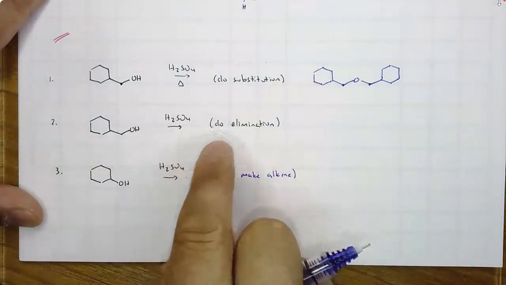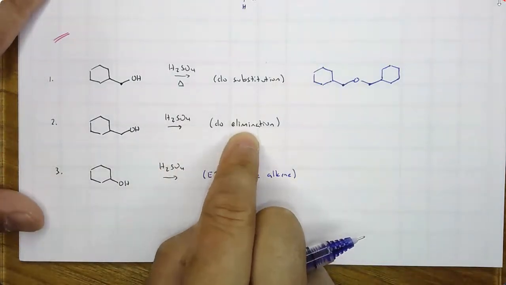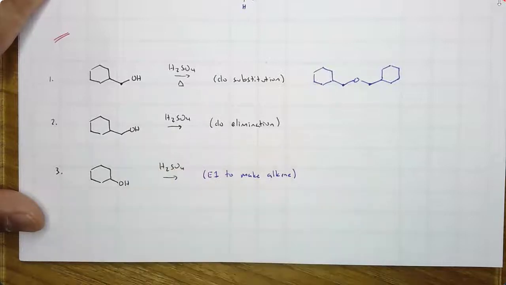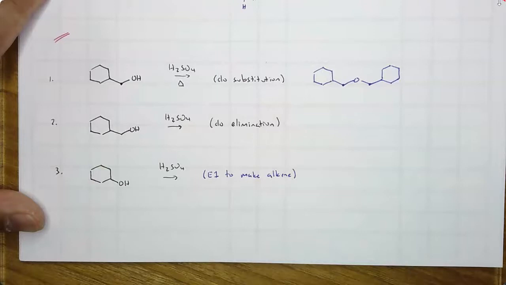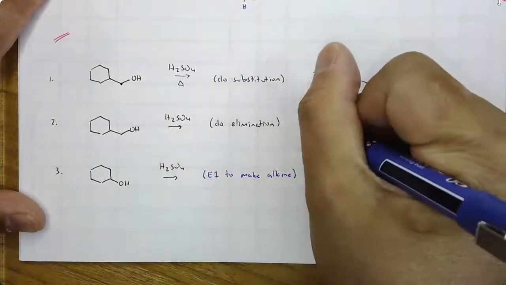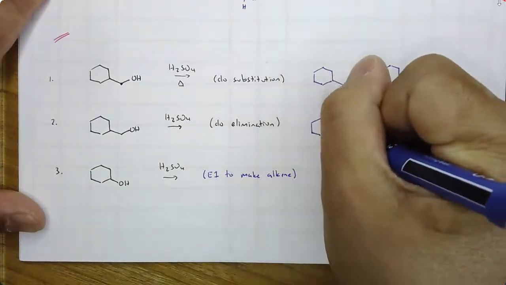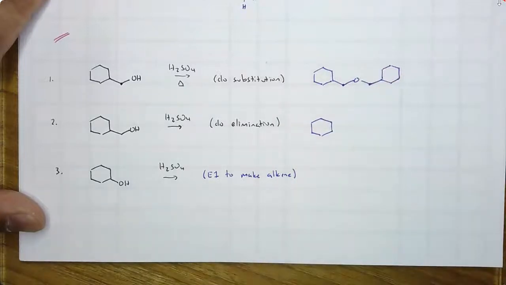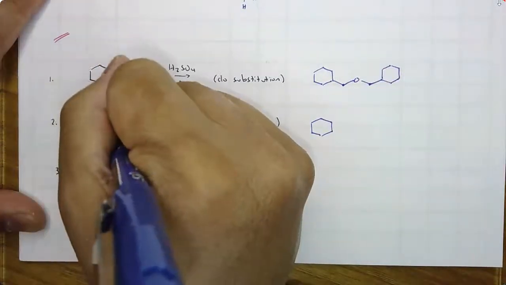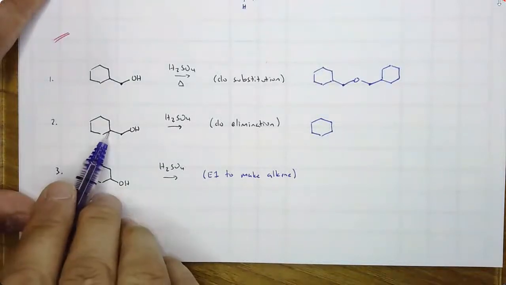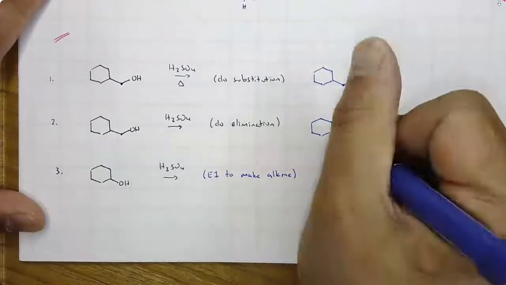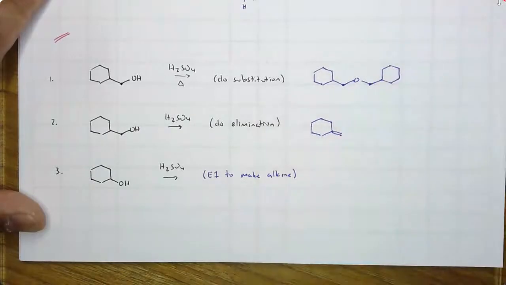Again, I will tell you, some textbooks want you to make the distinction by what temperature you're running the reaction under, but I don't want to be concerned with that. And we're doing elimination. Just don't forget, this is your beta carbon, and you're making a double bond there. That's an E2 reaction. Did I say E2?